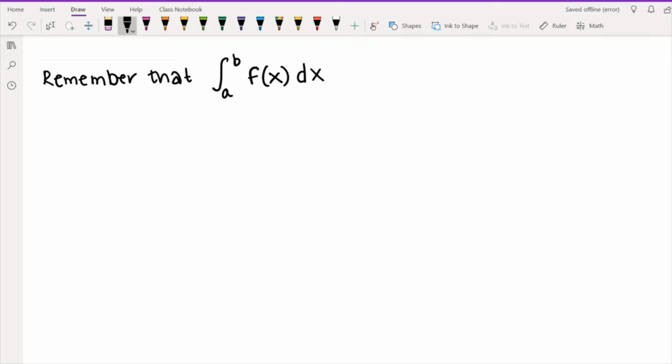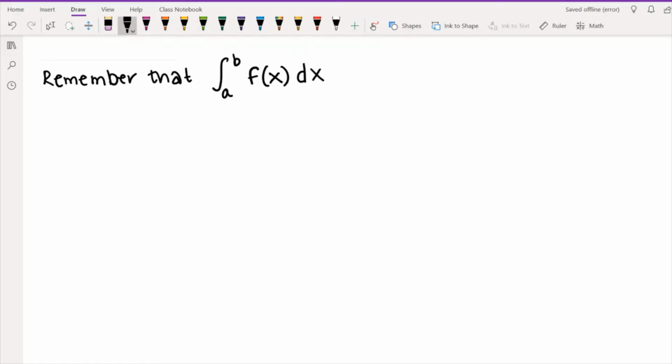One thing we talked about in yesterday's video is that that area could be positive or negative. It depends on whether it lies above or below the x-axis. So you're adding together all these areas, and they're allowed to cancel each other out if some is positive and some is negative.